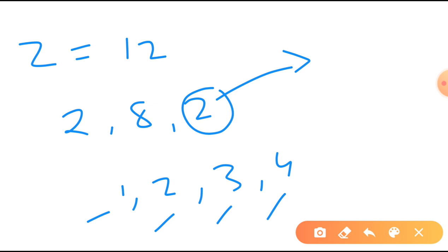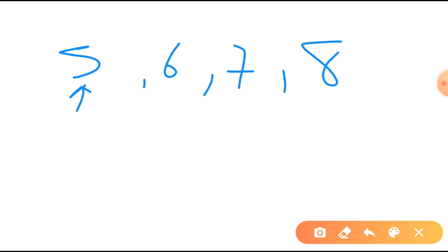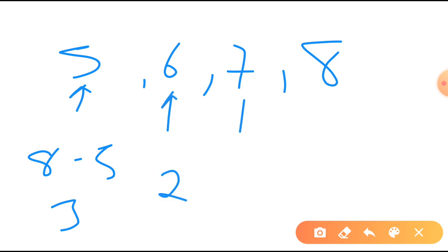Now, if any element has 5, 6, 7 or 8 electrons in its valence shell, then we subtract this value from 8 to get the valency. If someone has 5 valence electrons, valency will be 8 minus 5, that gives 3. For 6 the valency is 2, for 7 the valency is 1, and for 8 it has already completed the octet, so the valency is 0. These are the noble gases which do not react.